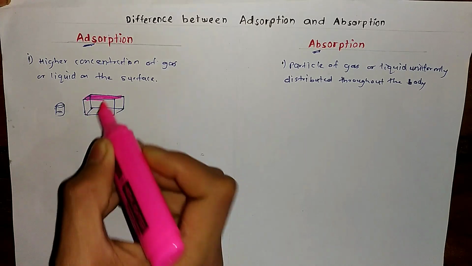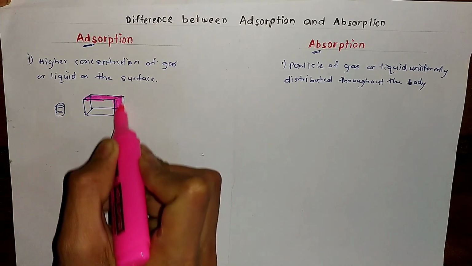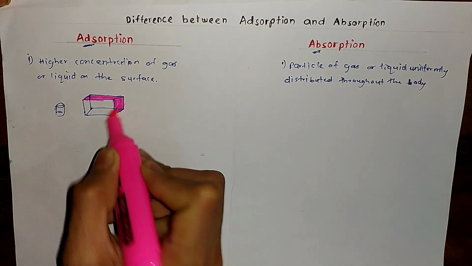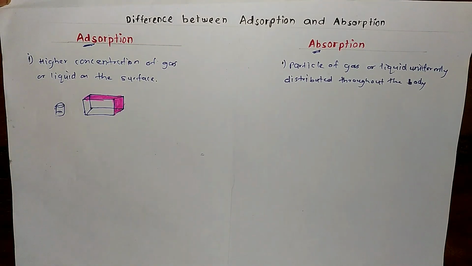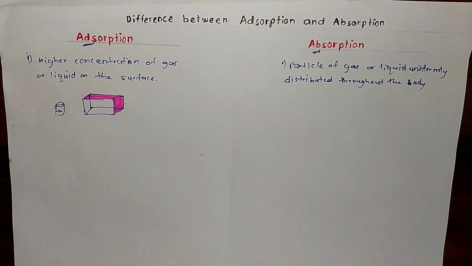It doesn't go into the bulk of the wooden block. It only covers the outer surface area.